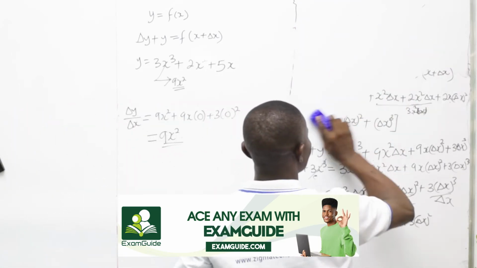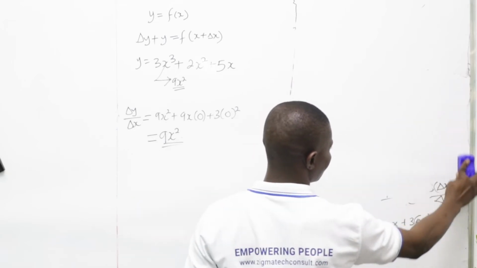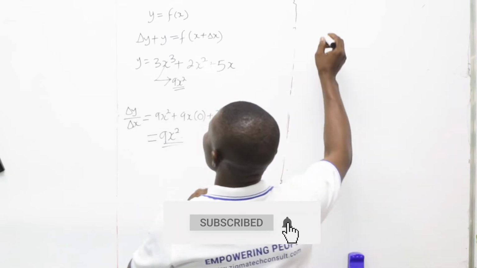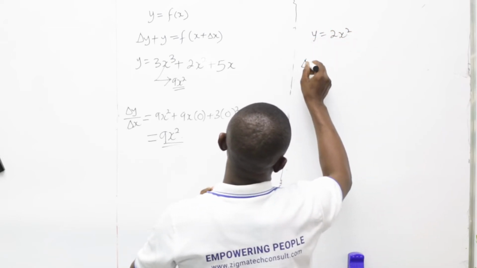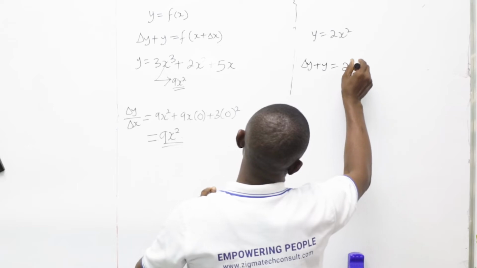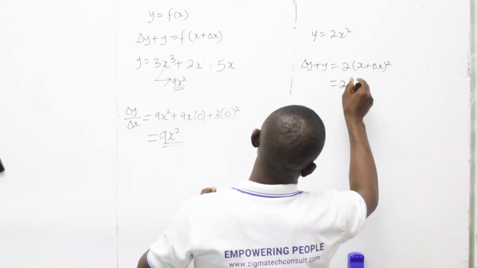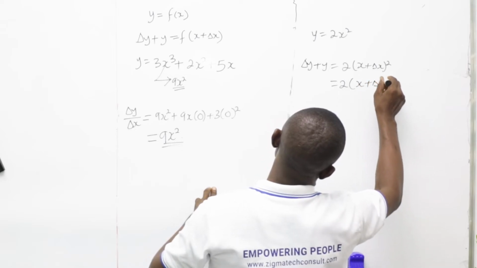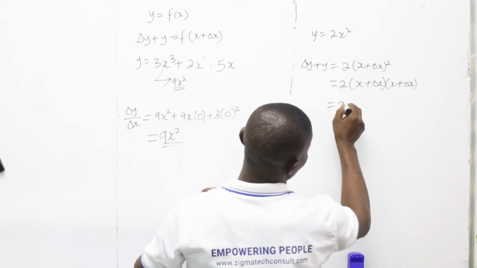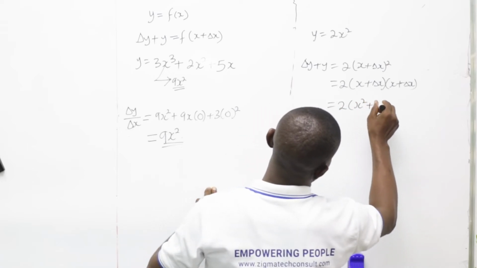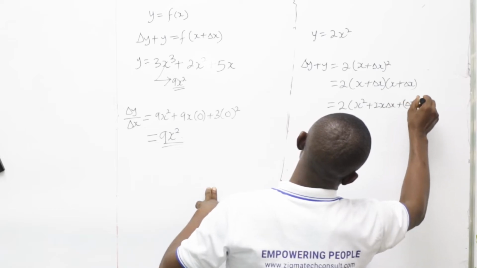For 2x squared, if y equals 2x squared, change in y plus y equals 2 into x plus change in x all squared, to give us 2 into x squared plus 2x change in x plus change in x all squared.